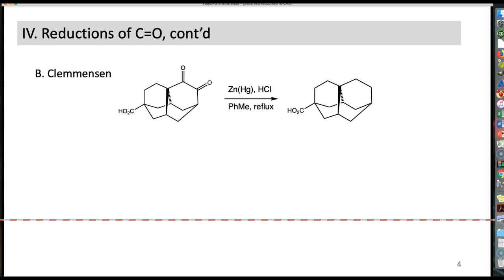Well, the Clemmensen is a way that you can do that. It uses what's known as a zinc amalgam. So right here I've dissolved zinc metal in a solvent. The solvent is liquid mercury. So that's an amalgam.